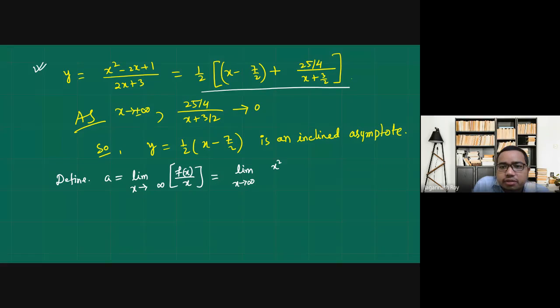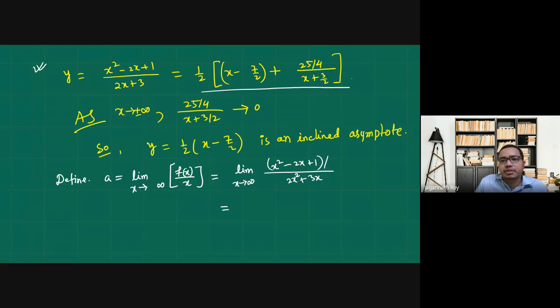It will be x square minus 2x plus 1 in the numerator, and the denominator is x into 2x plus 3, which is 2x square plus 3x.